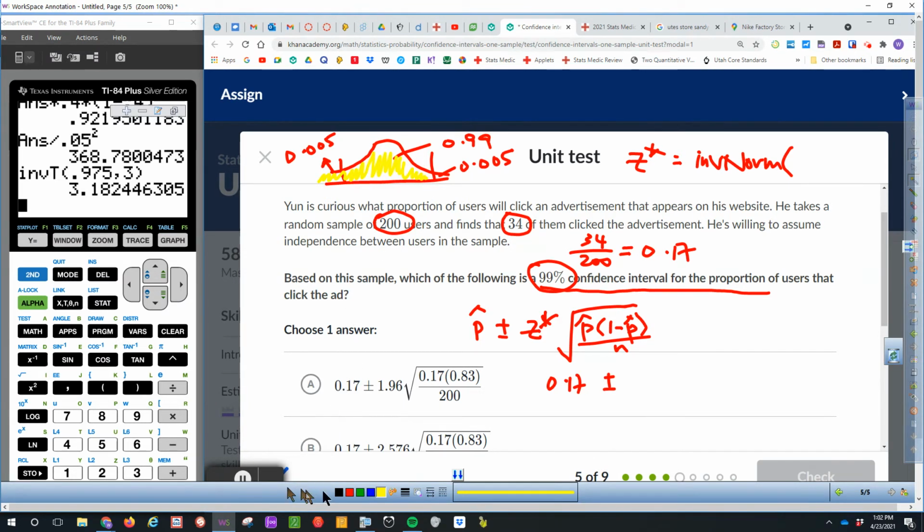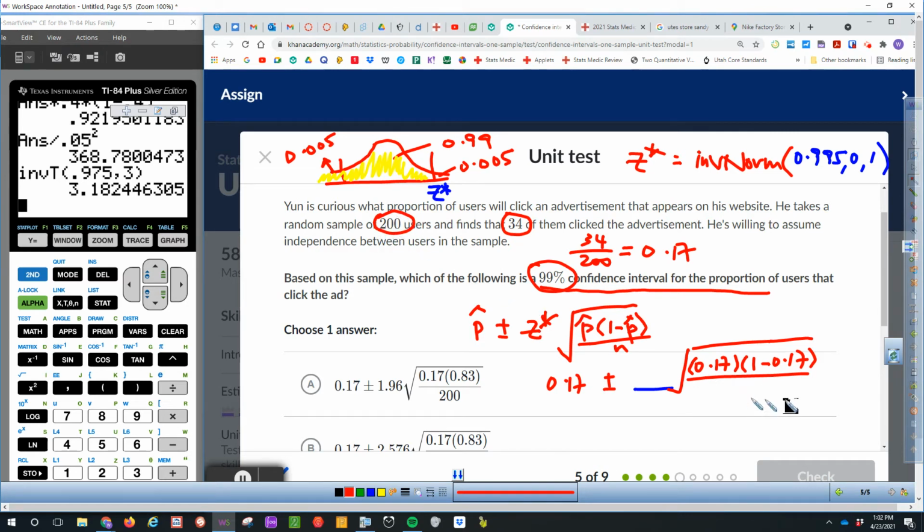We're going to add because this point z star is what we want to find. So I need to add this tail and this tail, which is 0.995, mean of 0, standard deviation of 1. Whatever this gives me is going to come here, and then multiply by the square root of 0.17 times 1 minus 0.17 divided by n. N is 200.